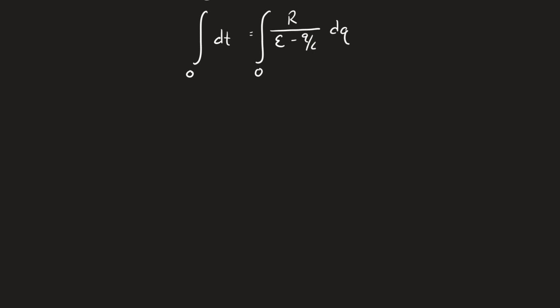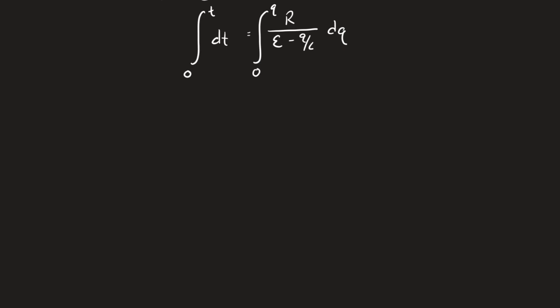The top gets a placeholder. Remember, we're trying to create a function of charge related to time. So on the side that has time, we're going to put a lowercase t. It's going to be the function variable that represents t sometime in the future. On the right side, we're also going to put a function variable, lowercase q. It represents q sometime in the future.